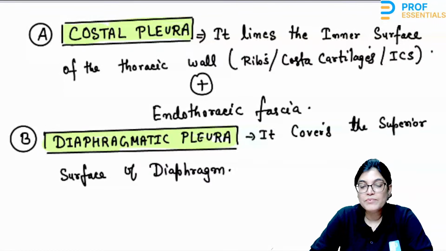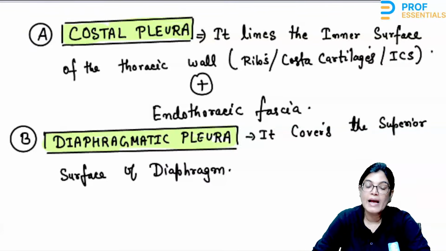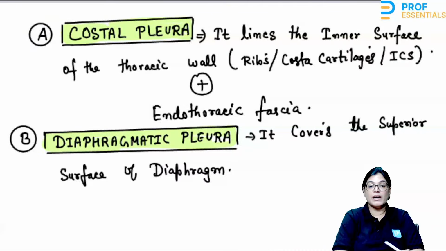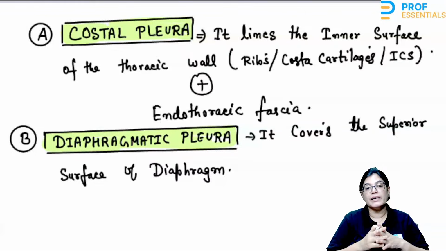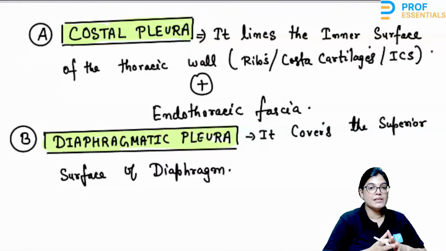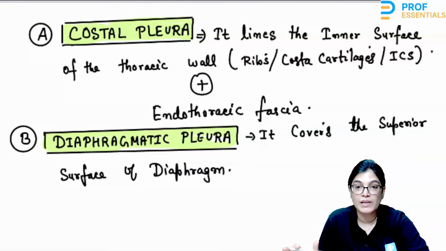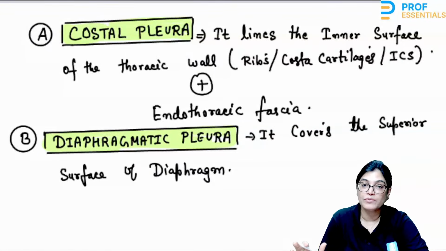Now, if I talk about quiet respiration, when the normal respiration is going on, the costal and diaphragmatic pleura are in opposition with each other, below the inferior border of the lung. So that is an important point. This is a noteworthy point which you have to know.